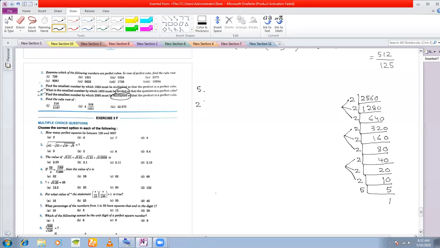Okay, so therefore we can write 2560 as this, and this 5. Now see, since 5 does not form a triplet, and the question here is by what number it should be multiplied, can anyone tell me by what number should it be multiplied?